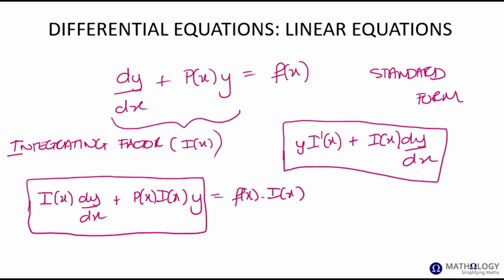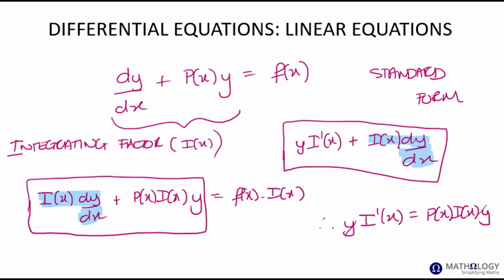We can clearly see that we have I of x dy/dx over here. Because we're looking at the left-hand side, these have to be identical. Therefore, we can say that y I prime of x must equal p of x I of x y.